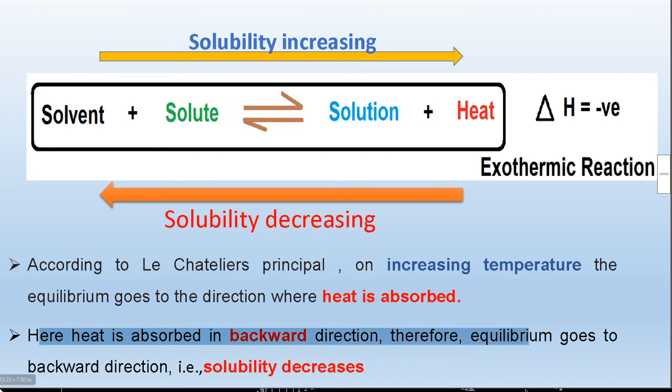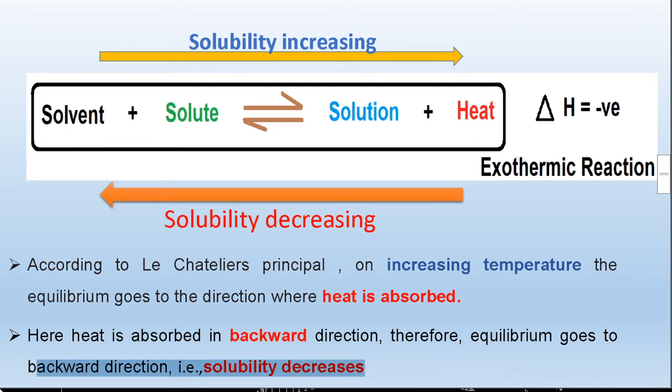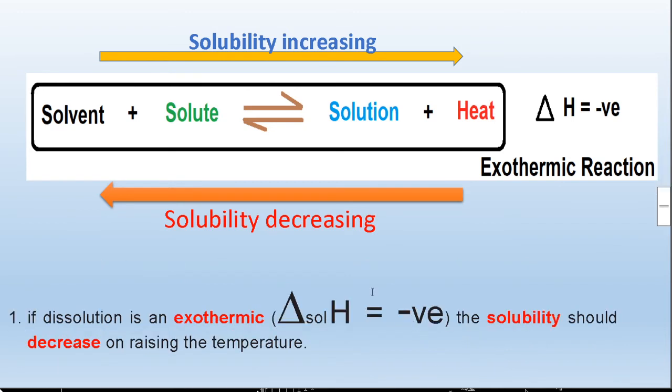Therefore, equilibrium goes to the backward direction, that is, solubility decreases. Therefore, we can conclude if the dissolution process is an exothermic process, the solubility should decrease on rising the temperature.